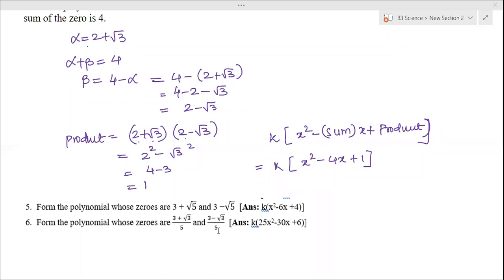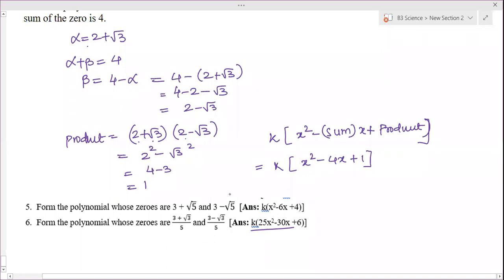And then the product will be 6 by 25. 6 by 25, right? Then the polynomial is x square minus 6 by 5 x plus 6 by 25. Take the LCM. After taking the LCM, this is the value.